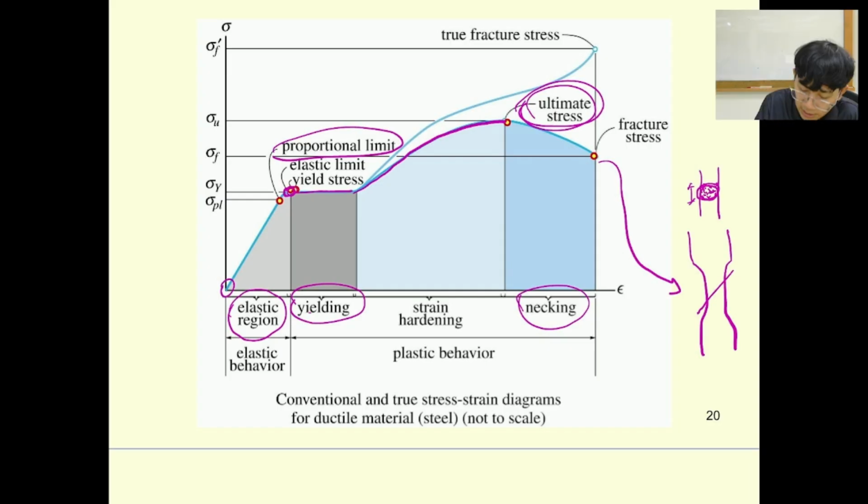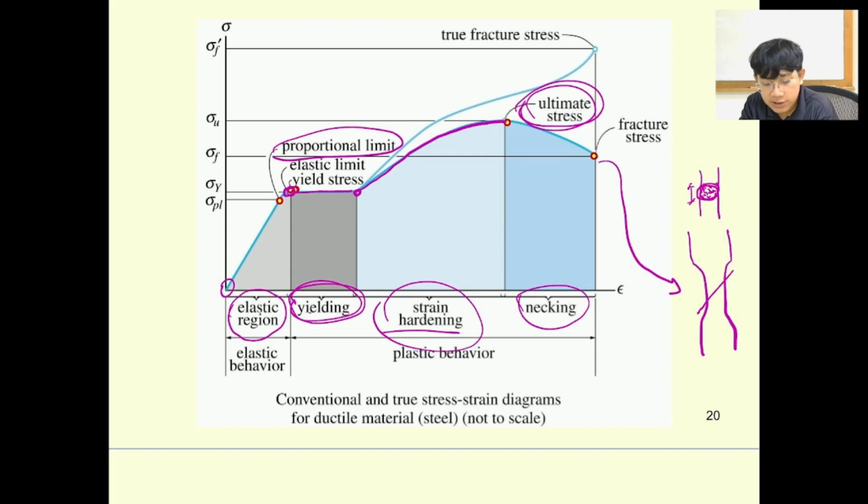At this point we call it strain hardening, and at the high deformation beyond the elastic zone we call it the yielding zone. After yielding we call it strain hardening, and after it reaches the ultimate, the necking starts to occur, and then it goes to fail.